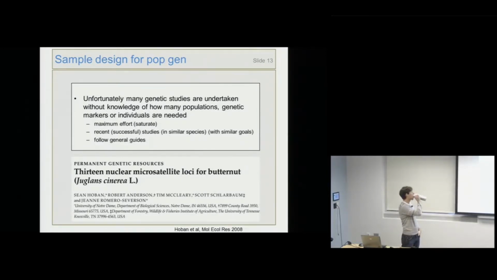Unfortunately, many population genetic studies are undertaken without really much certainty that the sampling design will be successful, and certainly without knowledge of whether it would be the best sampling design.